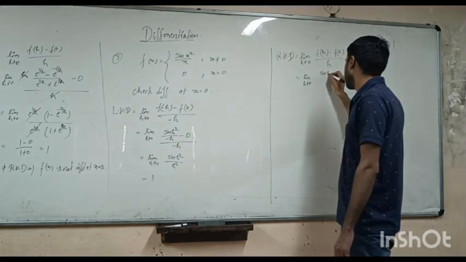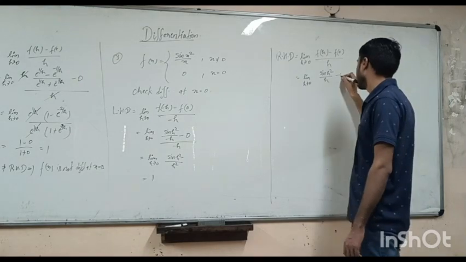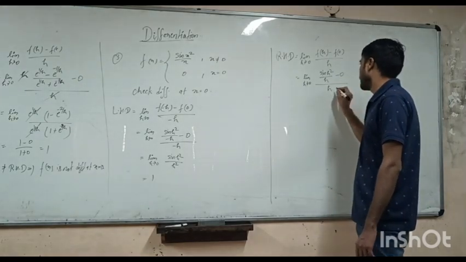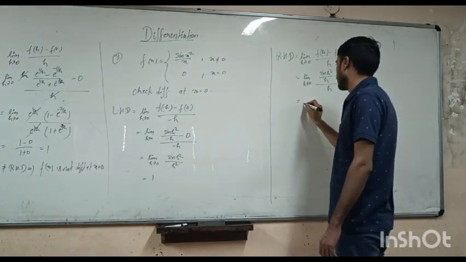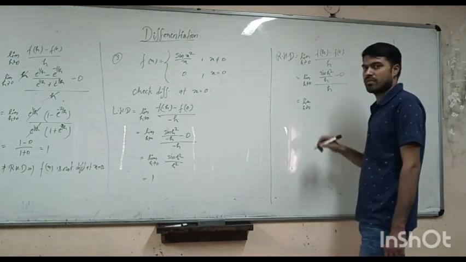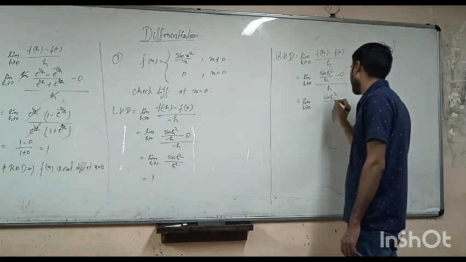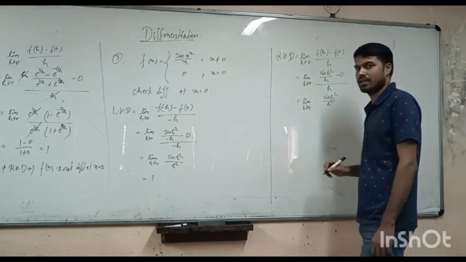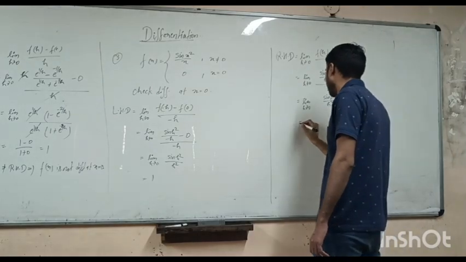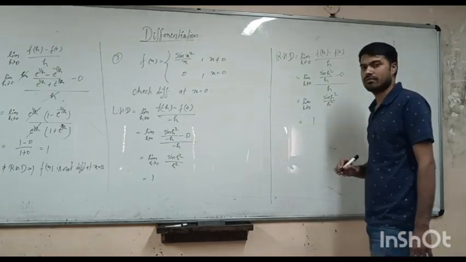It is sin h square divided by h, and f of 0 is 0, divided by h. So this will become h multiplied by sin h square divided by h square. That means this again becomes the standard limit. The value of this is 1.